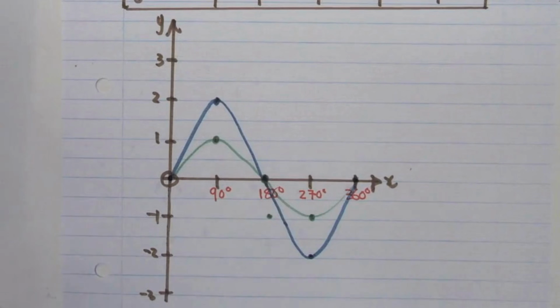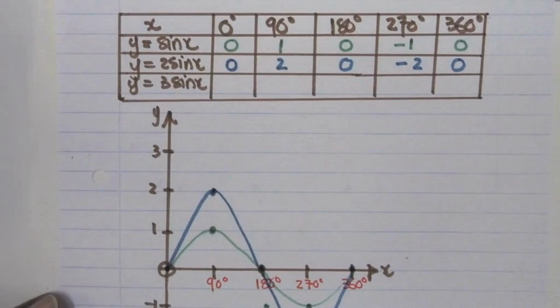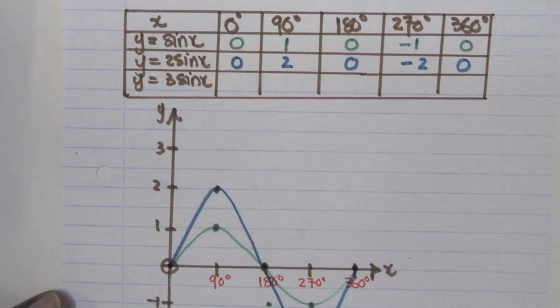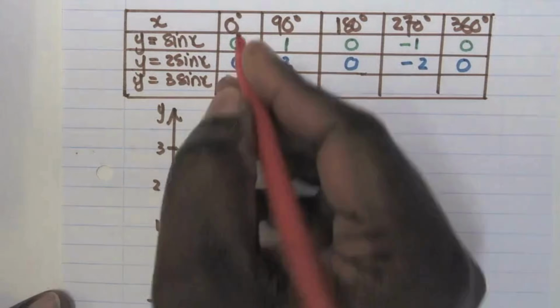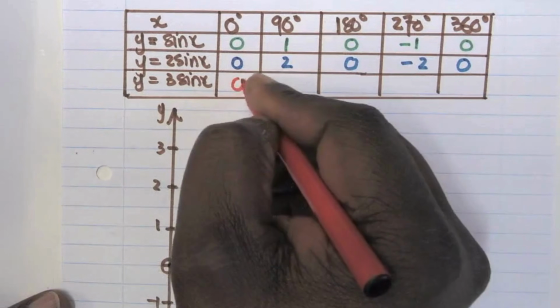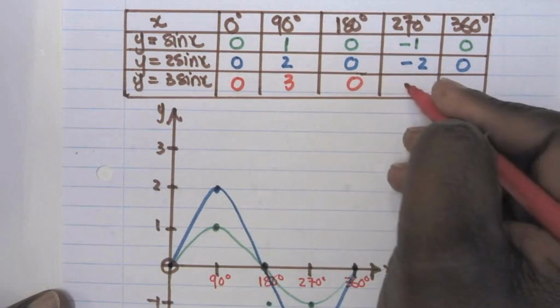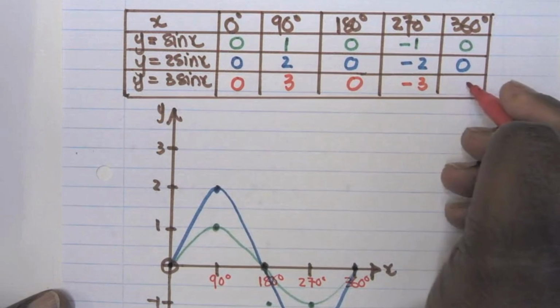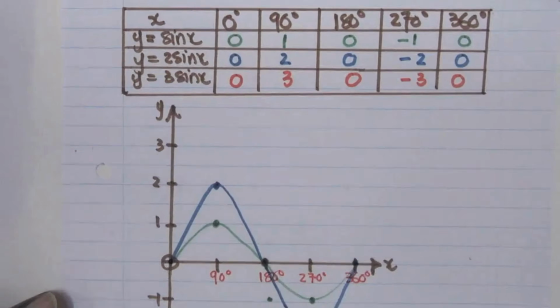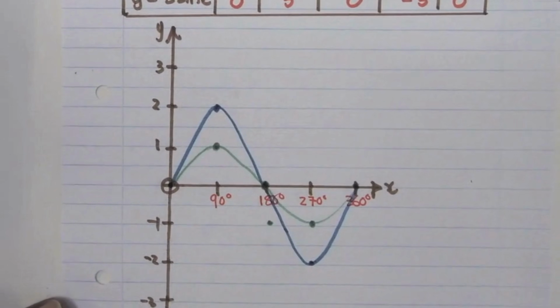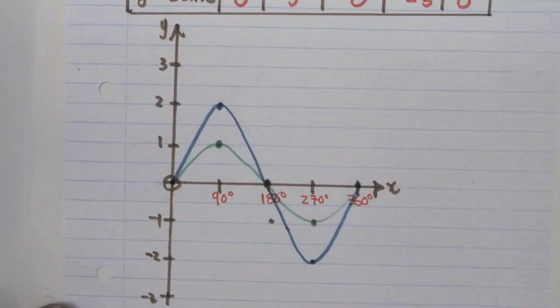Then I need to draw the last one. Y is equal to 3 sine x. When I substitute, I'm going to get 0 here, I'm going to get 3, I'm going to get 0, I'm going to get -3, and then I'm going to get 0. Then I go to my graph, and then I plot these points.